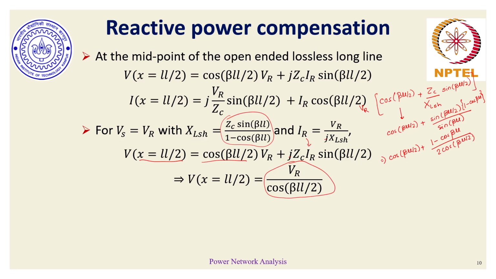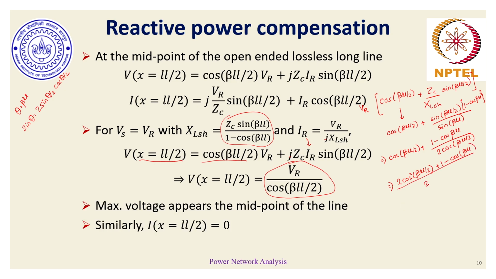How do I write this? Remember, sine theta is nothing but 2 sine theta by 2 into cos theta by 2. So if I put theta as beta LL, then I have sine of beta LL by 2 in the numerator, which gets nullified with the sine term below. So I have 2 cos of beta LL by 2. This can further be simplified as 2 cos square of beta LL by 2 plus 1 minus cos of beta LL, divided by the entire 2 cos of beta LL by 2.